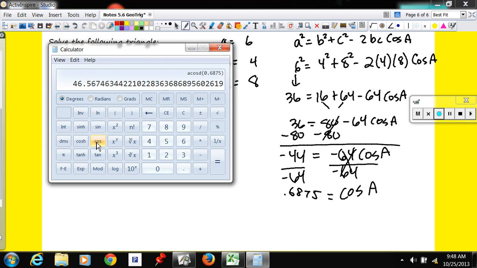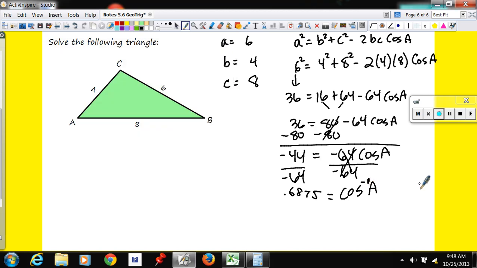And that's going to tell me that angle A is a 46.6 degree angle. So we want to put this little -1 right here because we're looking for the angle. So angle A is 46.6 degrees. Let's put that into my picture. Now I know what angle A is.